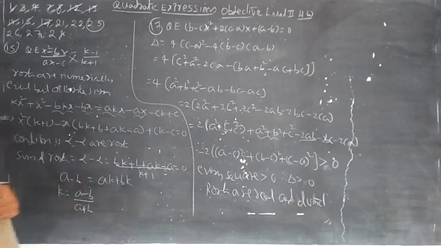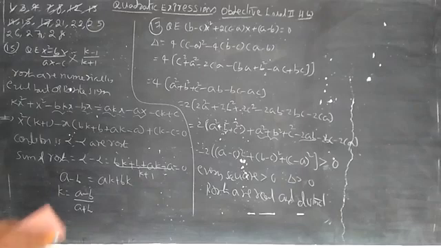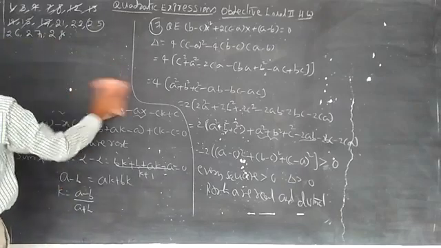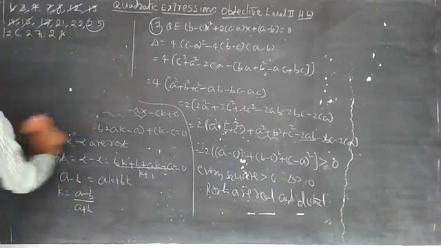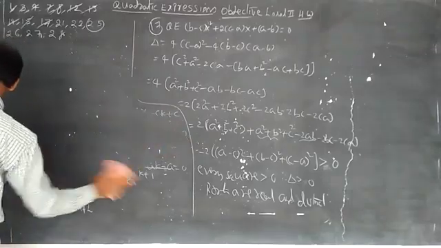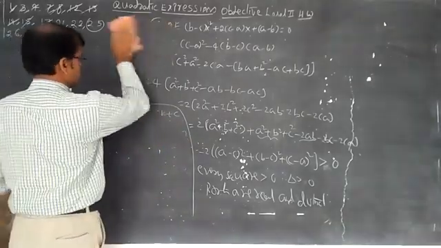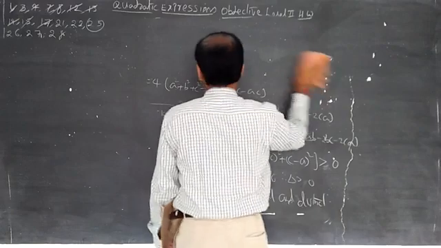Let us discuss the 21st question. It is also in the model of the 17th question only. The questions depend upon the nature of roots and properties of quadratic equations.